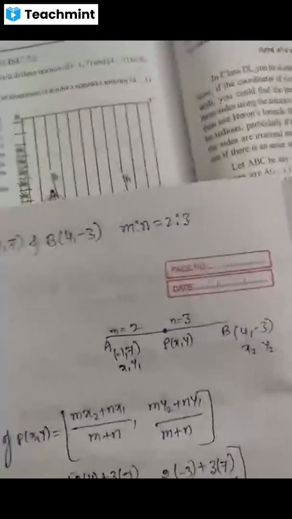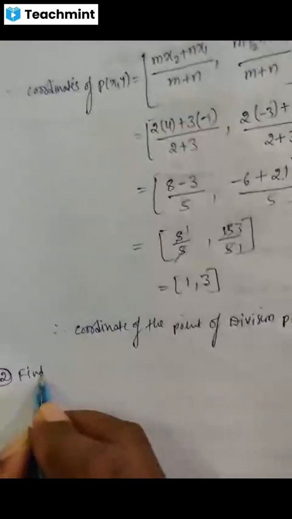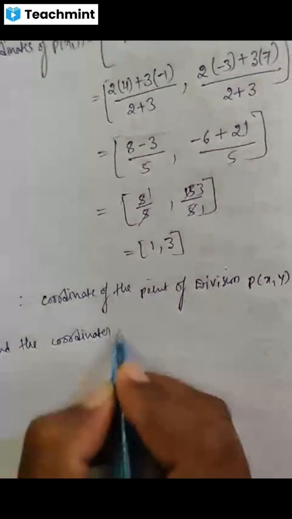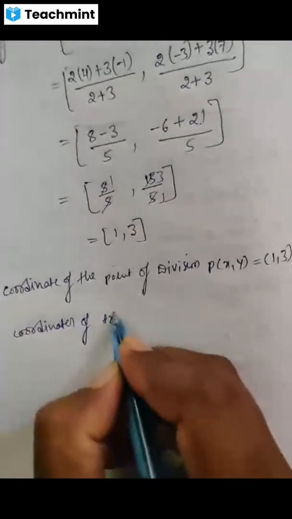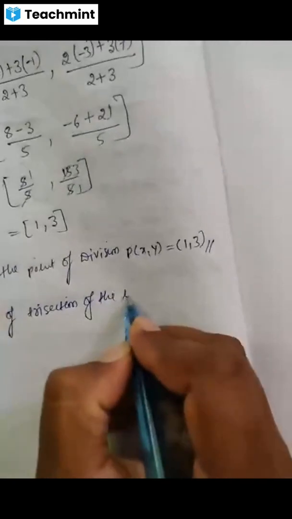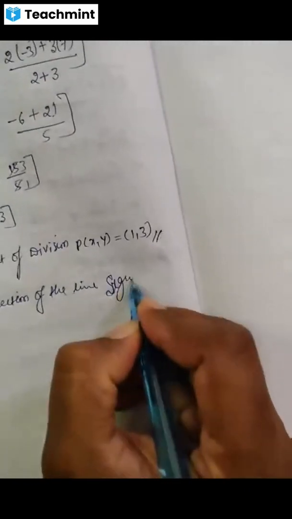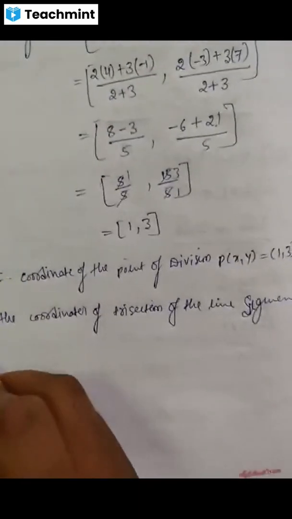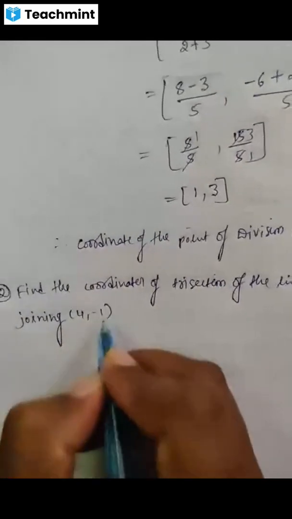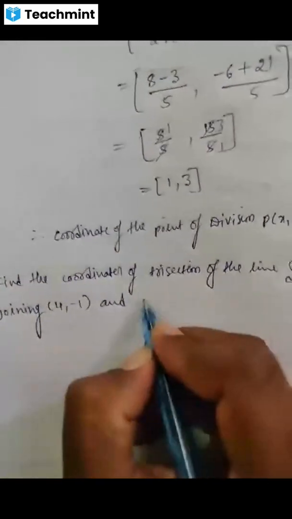So the second question, trisection. Find the coordinates of the trisection of the line segment joining (4, -1) and (-2, -3).